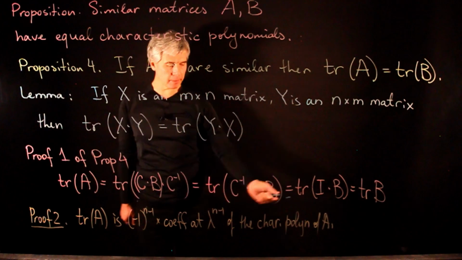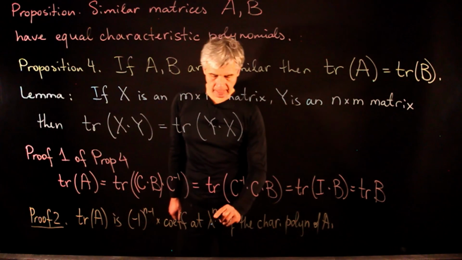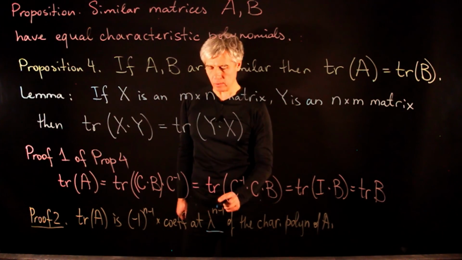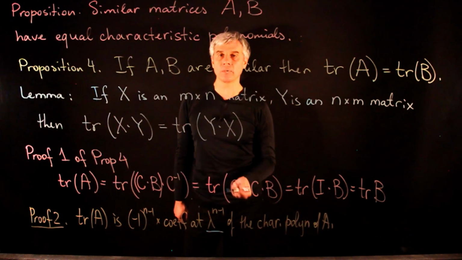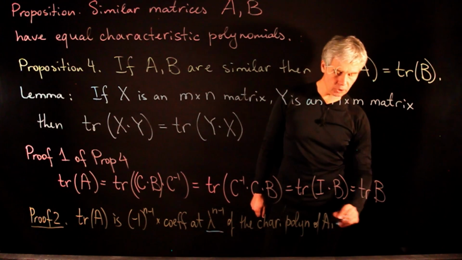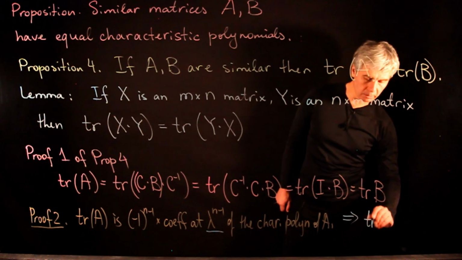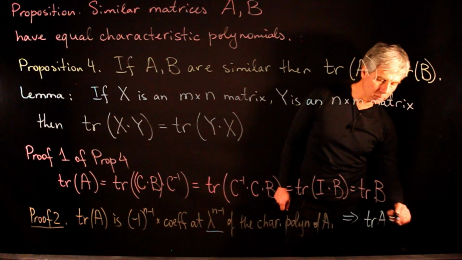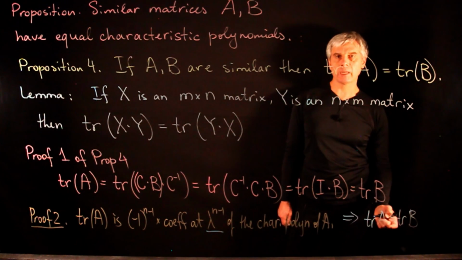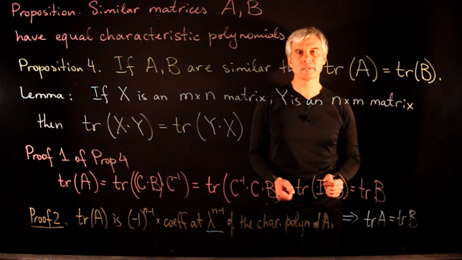And if the characteristic polynomials are equal, then the coefficients at lambda to the n-1 of the characteristic polynomials of A and B will be equal. And because these coefficients are given by traces of these matrices, we conclude that the trace of A is equal to the trace of B, which we conclude by equating coefficients of the characteristic polynomials.